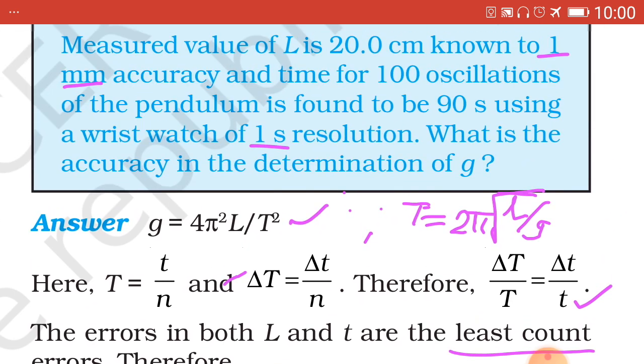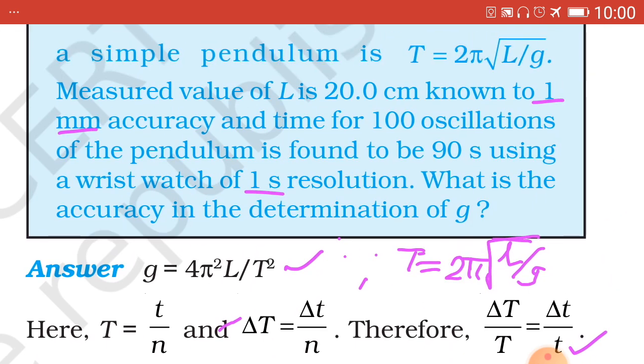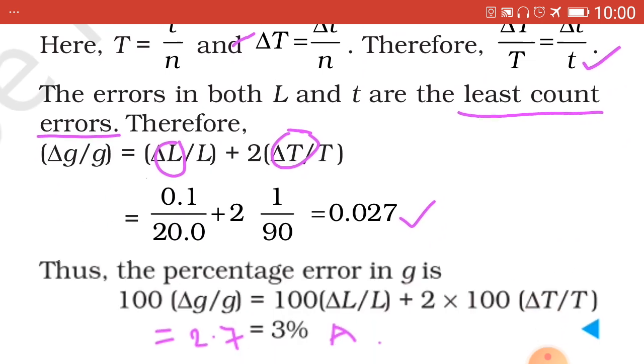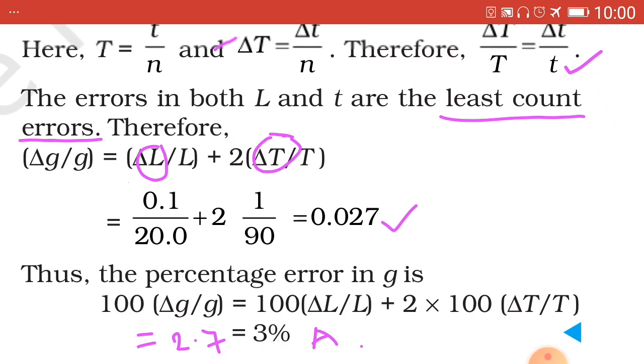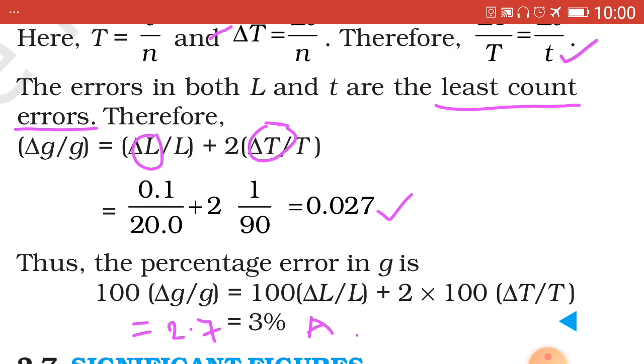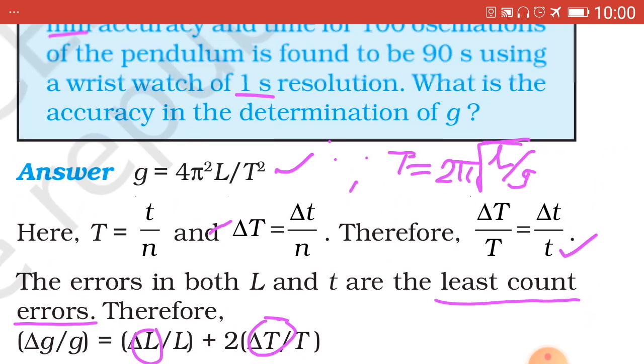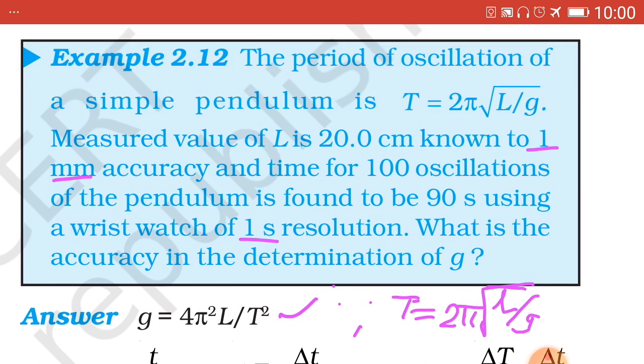is 20 centimeter, given in the data. So 0.1 upon 20 plus 2 times delta t upon T. Delta t is equal to 1, which we substitute because it is written in the data that the wristwatch has 1 second resolution, which has been underlined.